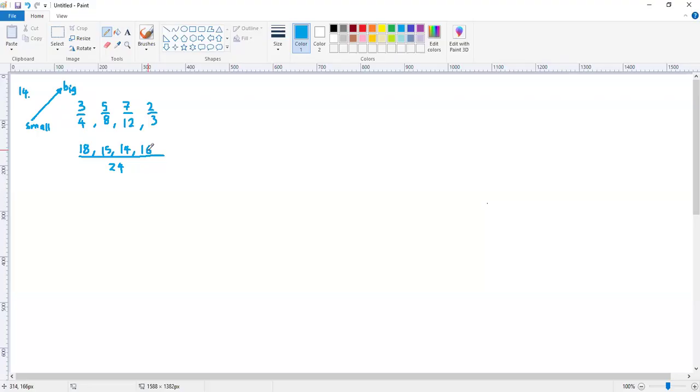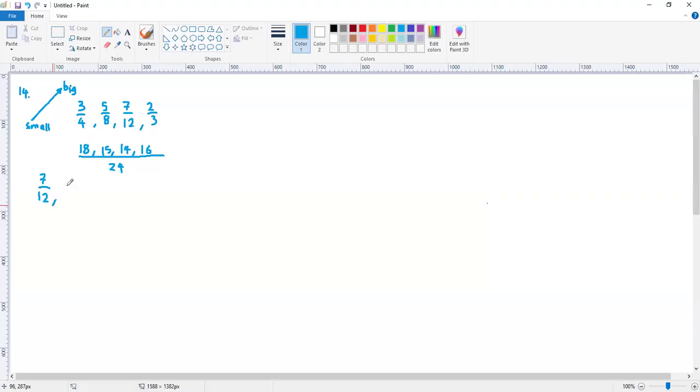So let's quickly look for the smallest, because that's the one that would come first, since it's in ascending order. If we look very well at these numbers here, you will see that the smallest here is 14, isn't it? So we're going to take the fraction that matches with 14, which is what? 7 over 12, and write it out first, because we're writing it in ascending order.